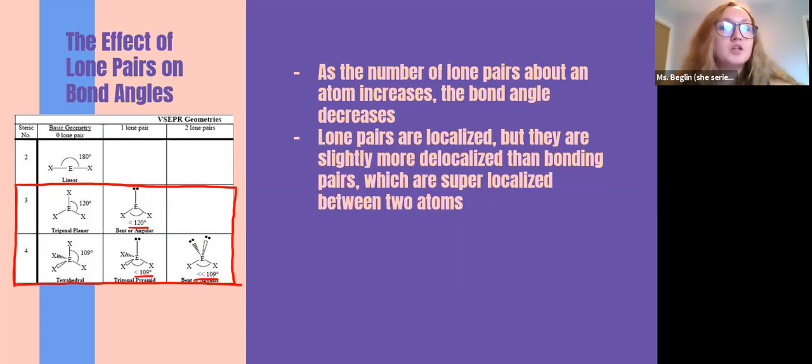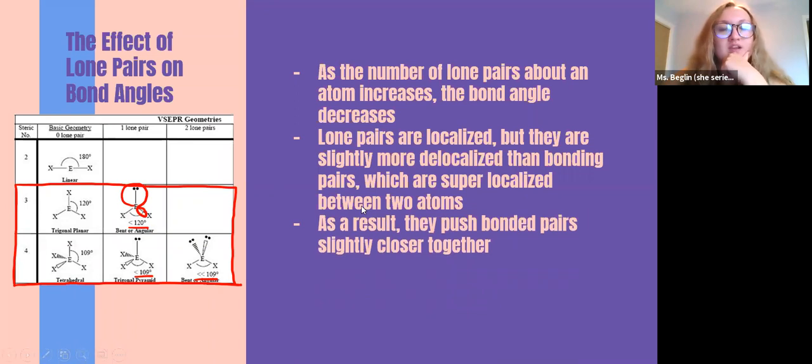This is because while lone pairs are localized, they are slightly more delocalized than bonding pairs, which are super localized between 2 atoms. So this bonding pair is going to stay right there. This lone pair can move around a little bit because it's not crammed between 2 atoms. As a result, the lone pair will push our bonded pair slightly closer.